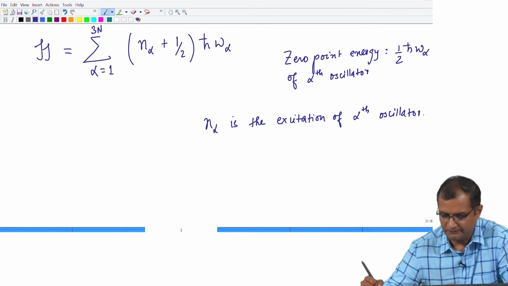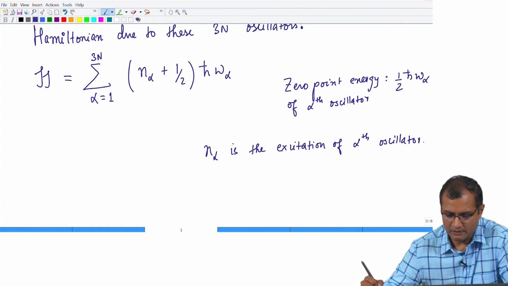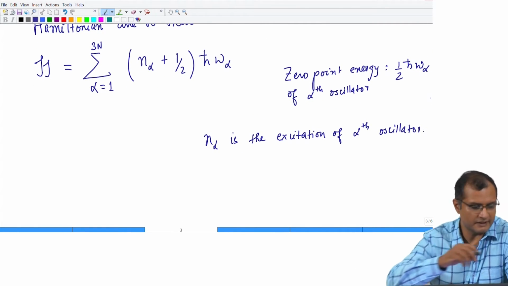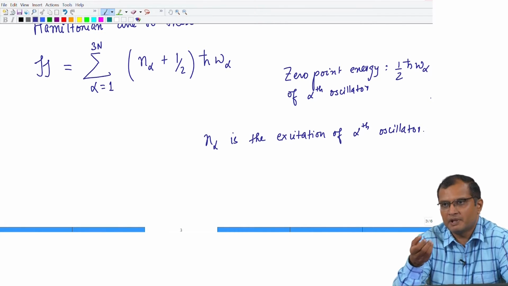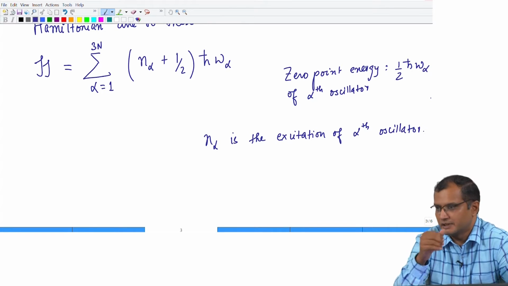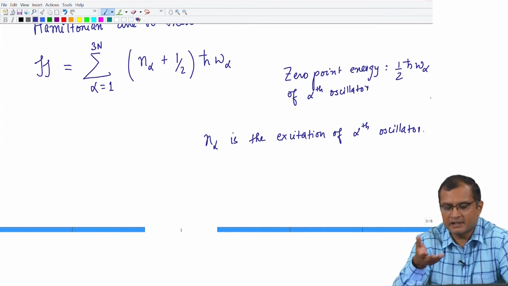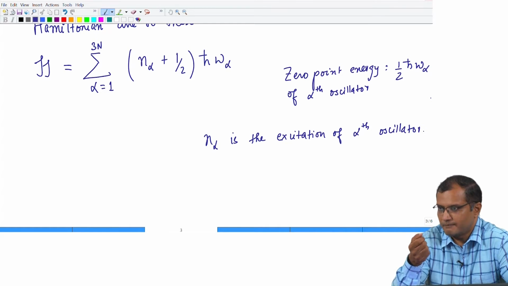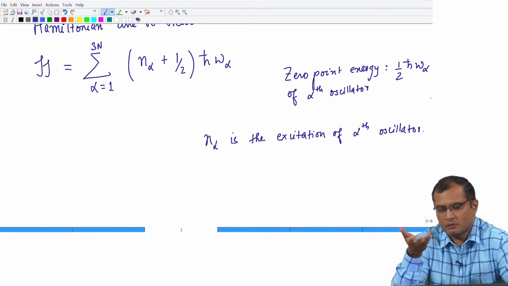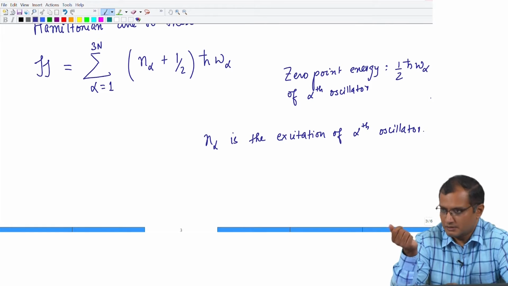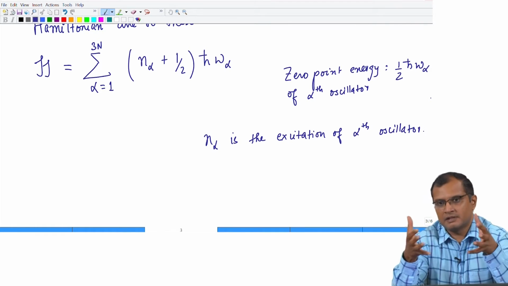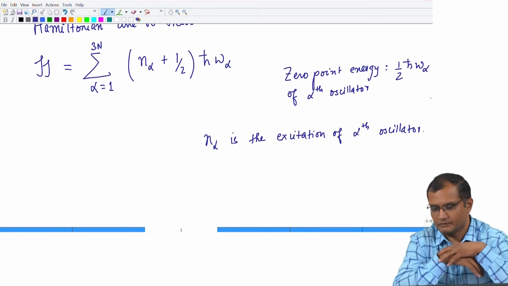Now, given that we are dealing with a system of bosons, there is no upper limit on the maximum number of bosons I can accommodate in a level. So, n alpha here in principle can be 0 to infinity. What this means is that there could be an infinite number of phonons sitting in any oscillating mode.